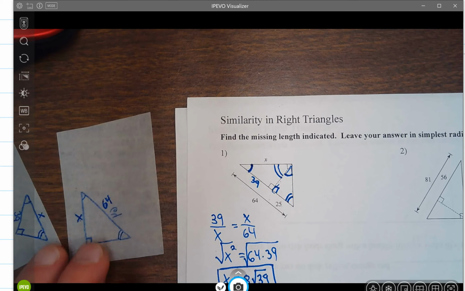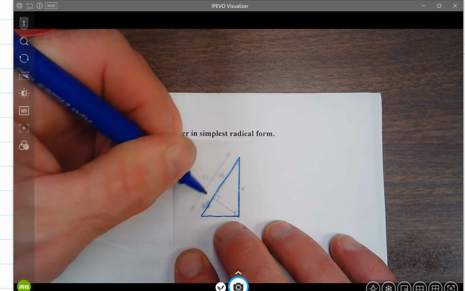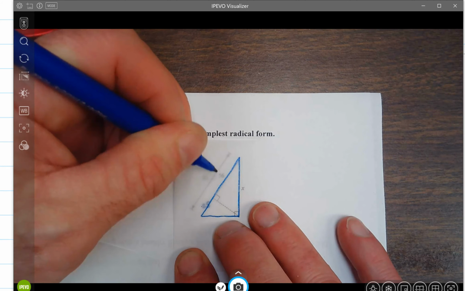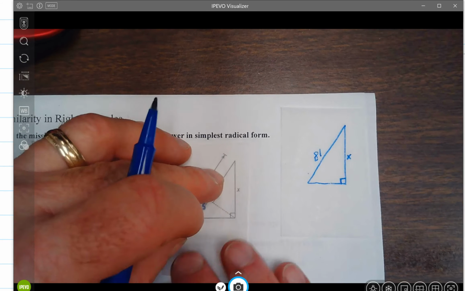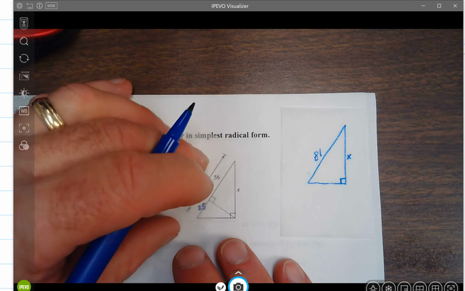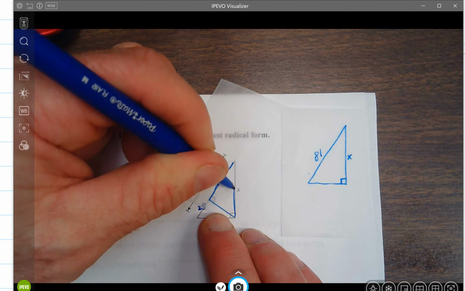And so now we'll go ahead and trace our three triangles. We have our big triangle. 81 is our hypotenuse, and x is our long leg. There's our right angle. Okay, set that one aside. Then we have this medium-sized triangle.